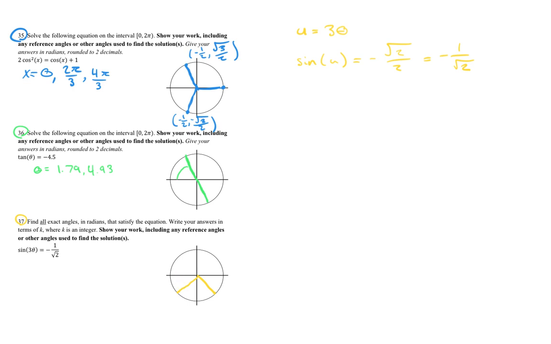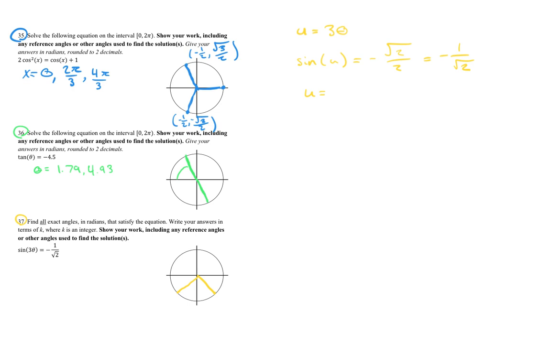So we're going to get that u will equal, and we could go with negative pi over 4, or instead of that, we can imagine going all the way around the unit circle this way. So this would be pi over 4 here, 2 pi over 4, 3 pi over 4, 4 pi over 4, 5 pi over 4, 6 pi over 4, and 7 pi over 4.